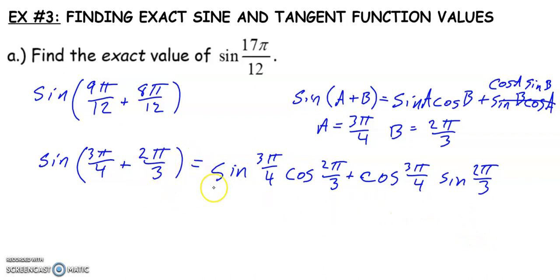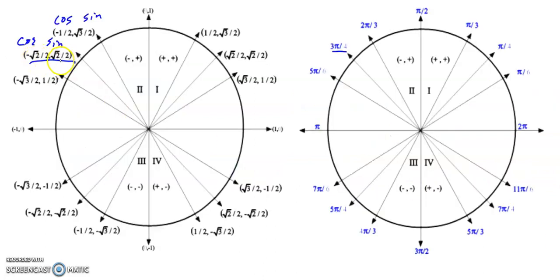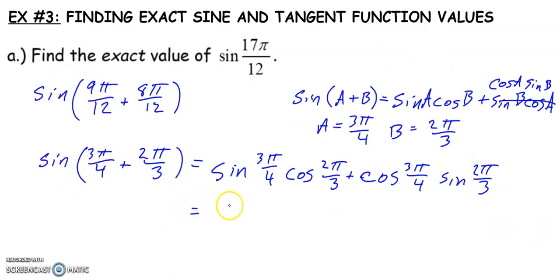So the sine of 3 pi over 4 is radical 2 over 2. You can look at it. Radical 2 over 2 times the cosine of 2 pi over 3. The cosine of 2 pi over 3 was negative 1/2 because we went to the left.